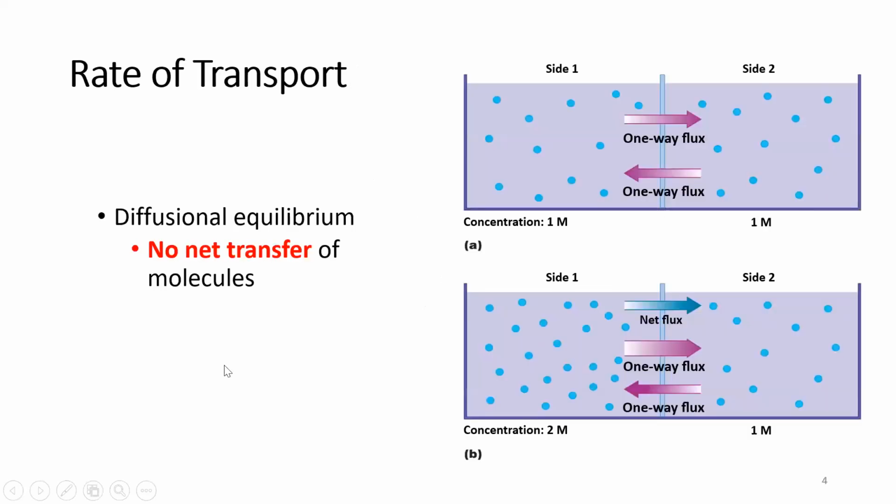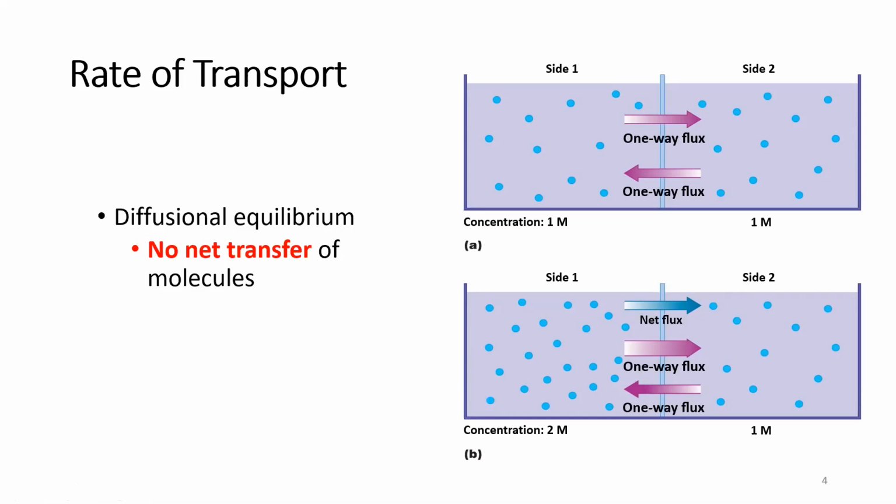Okay. So the rate of transport really is how fast particles are moving, specifically how fast they're accumulating on one side or the other. So when we think about transport, we're thinking about the net flux of particles.